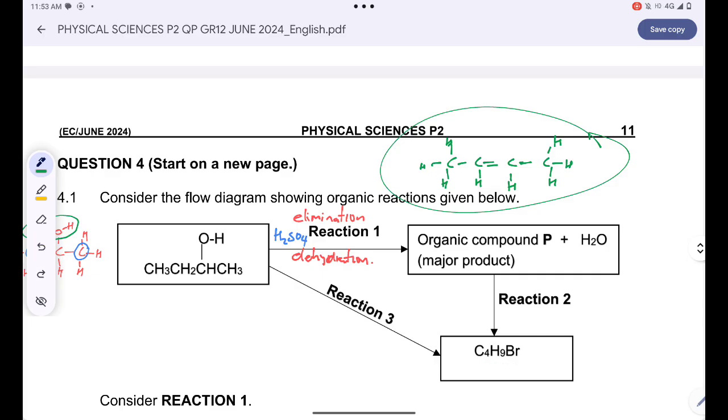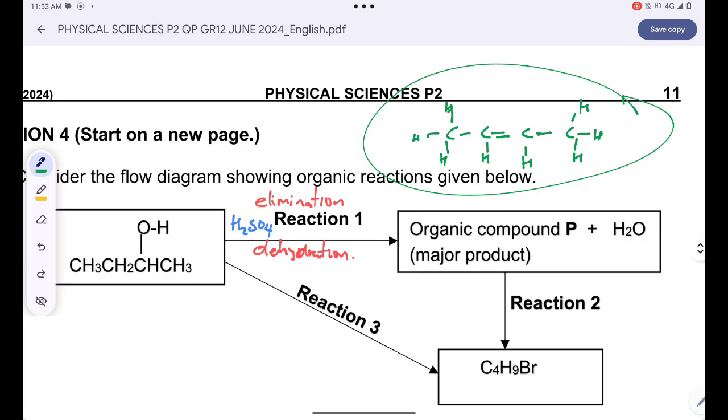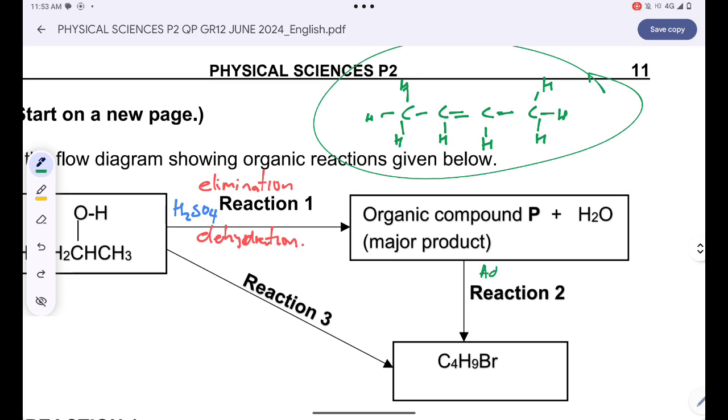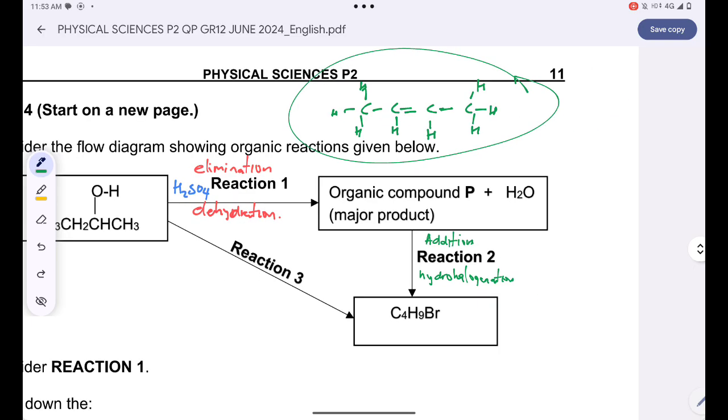So for reaction 2, the type of reaction that takes place there is an addition reaction. And this type of addition is called hydrohalogenation. It's hydrohalogenation because I've added 1 hydrogen as well as a halogen.